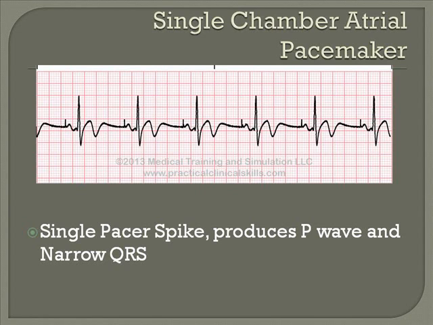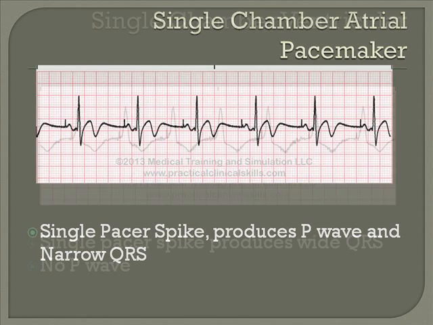normal QRS beat. Because it results in an atrial contraction as well, it increases the cardiac output a little over what would be our next rhythm, which is a ventricular pacemaker.